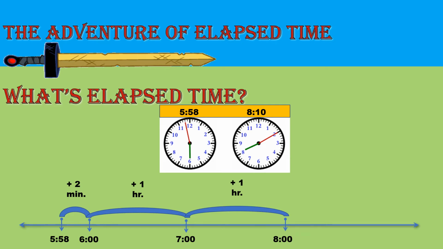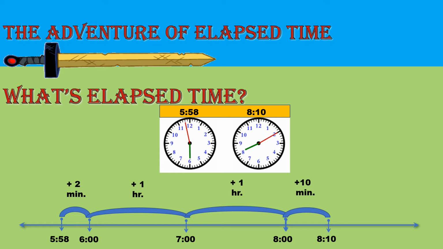And then we have to ask ourselves, are we at our end time yet? No, we are not at our end time yet. So if we go from 8 o'clock, we need to add on 10 more minutes. And that will place us at 8:10 on the number line.